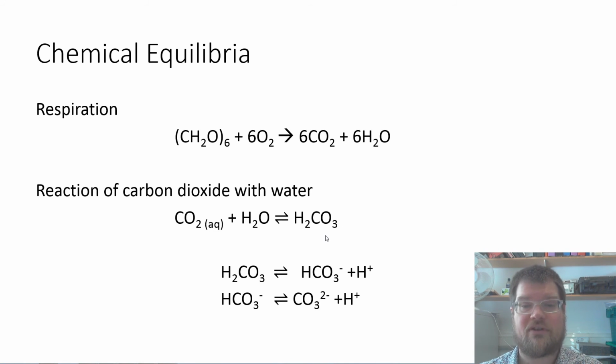Now the relative proportions of those two, it's not necessarily going to be 50% of one, 50% of the other. You can be very, very biased towards one side or the other. So you could only have a small amount of reactants because the equilibrium point is much further over towards the other side of the reaction. And importantly, we can change the relative proportions of these things by changing environmental conditions. We can also change the relative proportions by adding more or less of the products or reactants, and shifting our equilibrium to one side or the other.